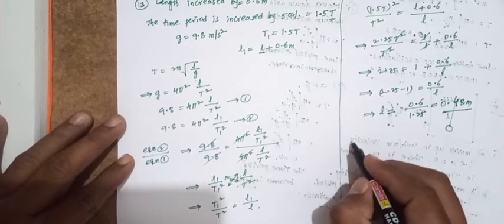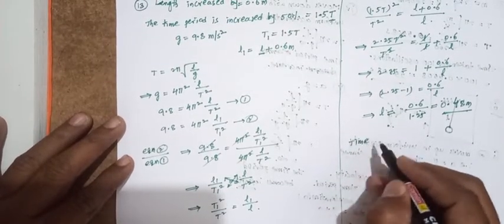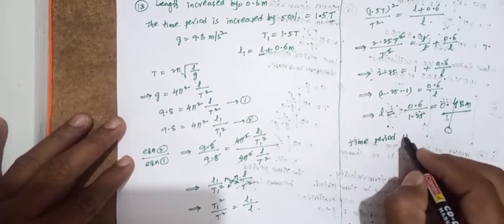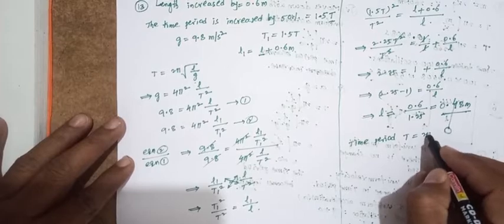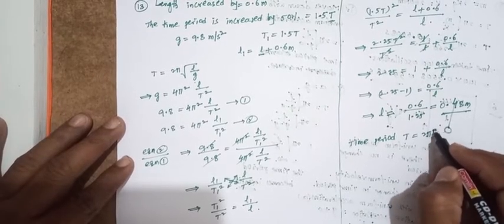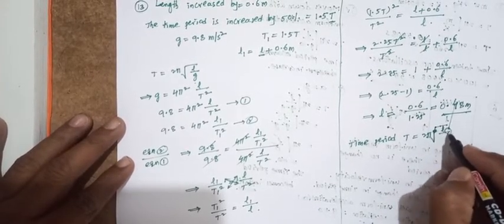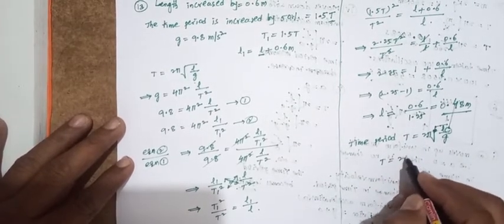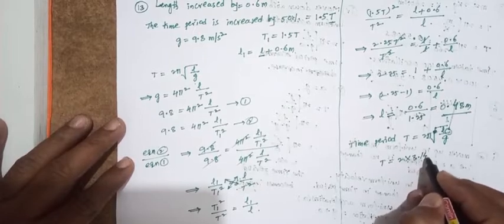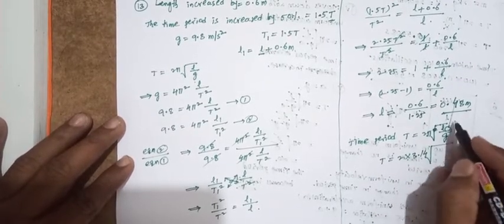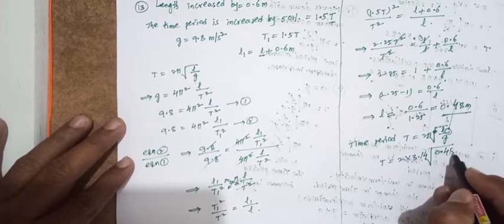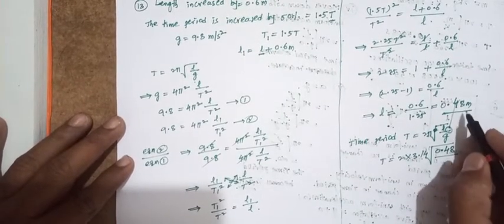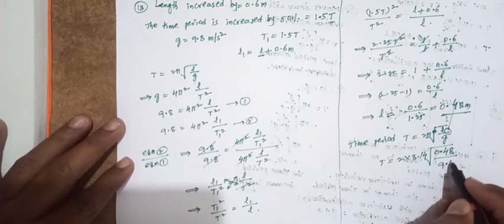So what is the initial time period? T equals, what is the equation? T equals 2 pi square root of L by g. So T equals 2 into 3.14 into square root of 0.48 divided by g, where g equals 9.8.